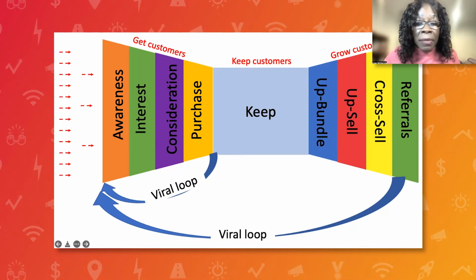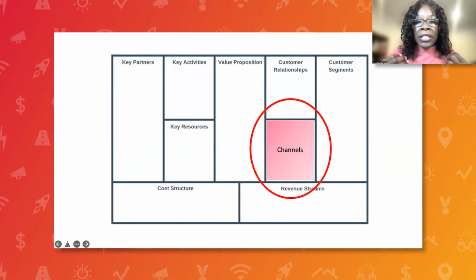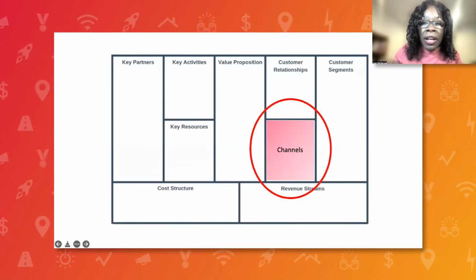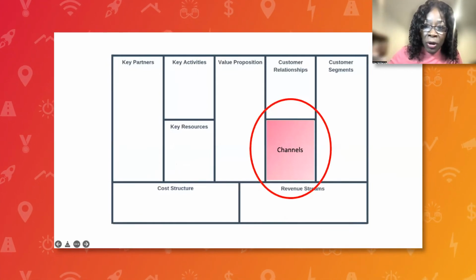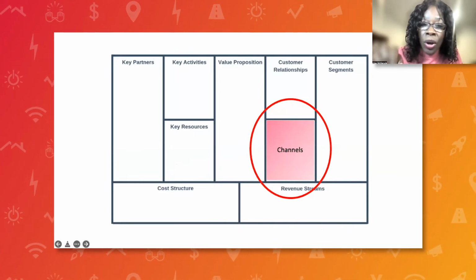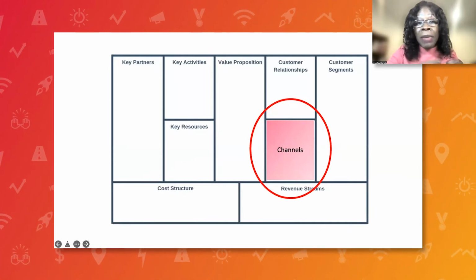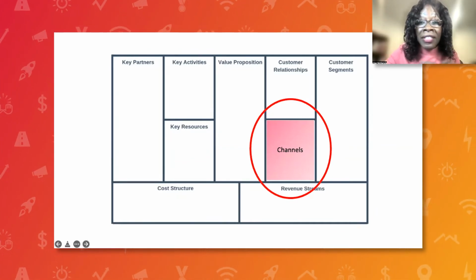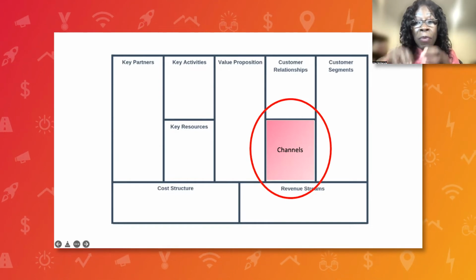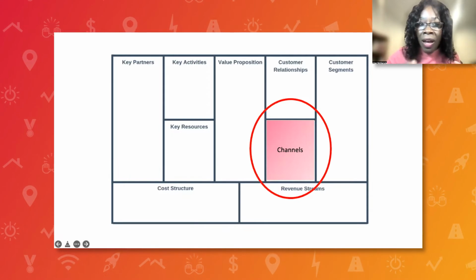Another thing to think about is something called channels. Channels have to do with sales and distribution support. How do your customers want to be reached? You need to get information about, so we talked about what do they look for, and then how do they purchase the products or services? Do they purchase it online?